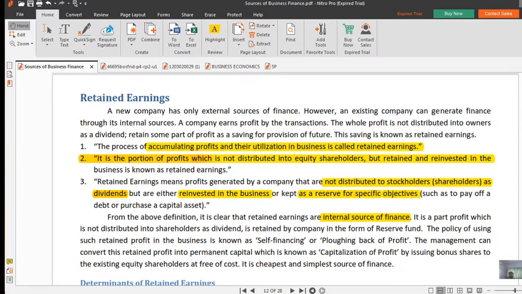After finalizing the balance sheet, the company knows the amount of profit, or how much profit the company has made, which is shown in the balance sheet of the company.